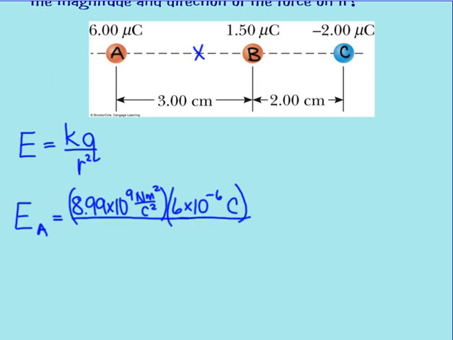We divide that by the distance from A to the point where I'm looking for the field, the point that's marked with an X. In this case, that distance is 2 centimeters, or 0.02 meters. And I can't forget to square that distance in the denominator. Plugging all that into my calculator yields an electric field from A of 1.35 times 10 to the 8th newtons per coulomb.